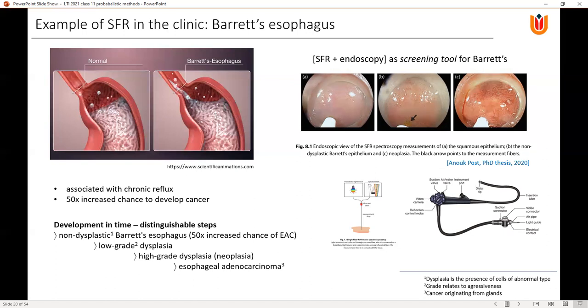And then here we have a few instrument ports where you can put the camera so you can visualize it. You see the visualization over there. There was also a port where you can put in an instrument. So that could be a tool to take away a little bit of tissue to look under the microscope, but it could also mean that we can put in a fiber to do a measurement.